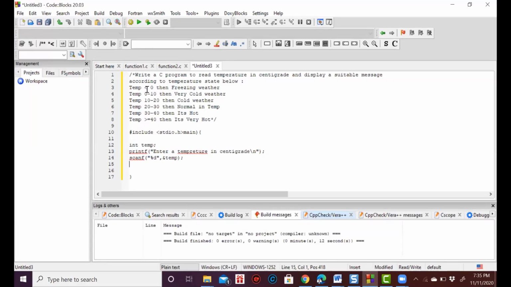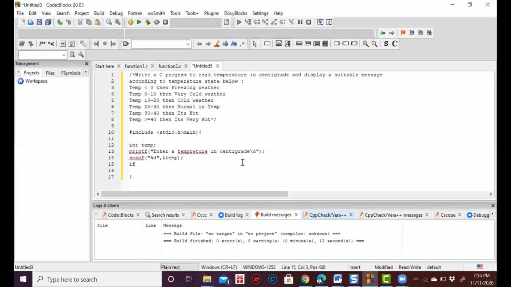If temp less than 0, freezing, and so on. Okay, we start, I think, with the highest one. Temp greater than 40. So, the grading system, you can start with the highest one or the lowest one. No problem. If the logic is correct, then we can accept. For me, let's say we start with the highest one first.